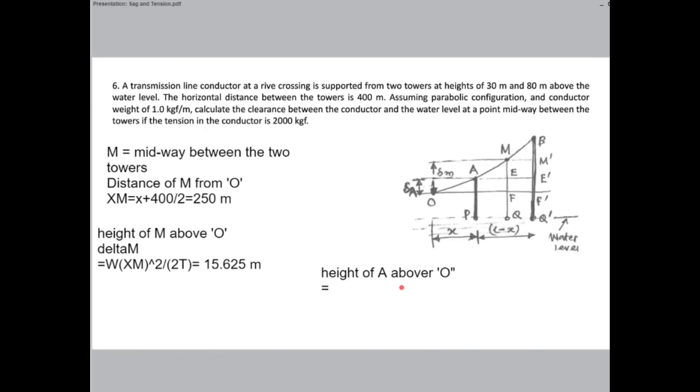The weight is 1.0 times the distance 50 squared, over 2 times 2000, which gives you 0.625 meter. And that one we call delta A, meaning the sag of A, as you see on the diagram, delta capital A.